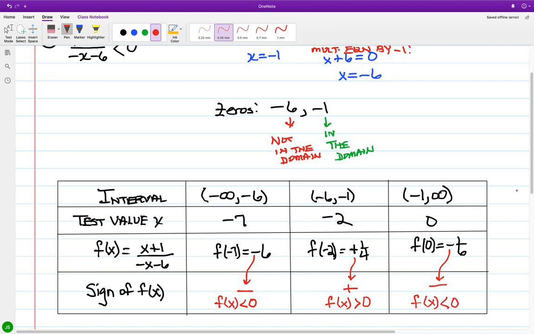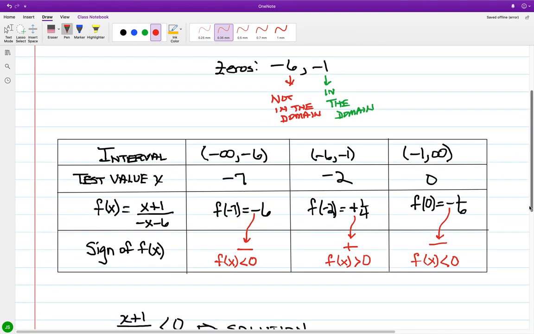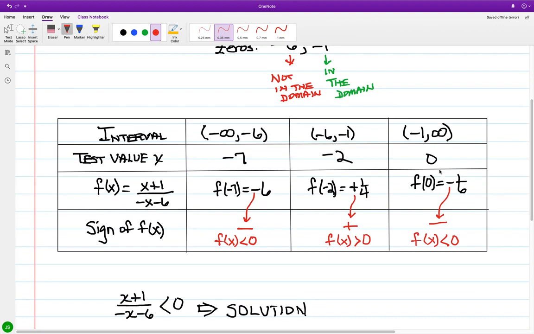Now, looking at the inequality, x plus 1 over -x minus 6 is less than 0. Again, f of x refers to the ratio, which has to be less than 0. So with the results here, you have values of x that will be less than -6, and then values of x that will be greater than -1.